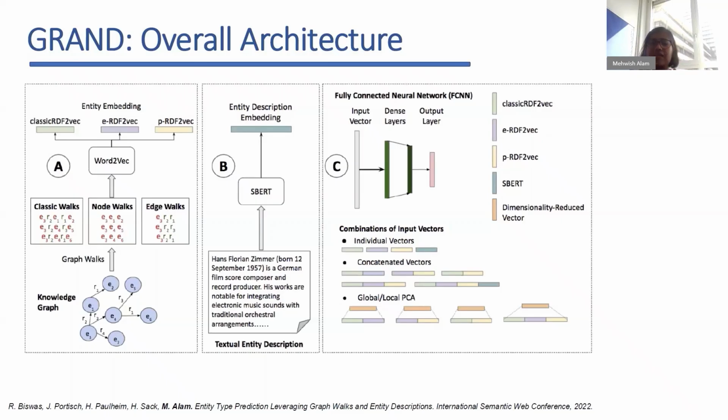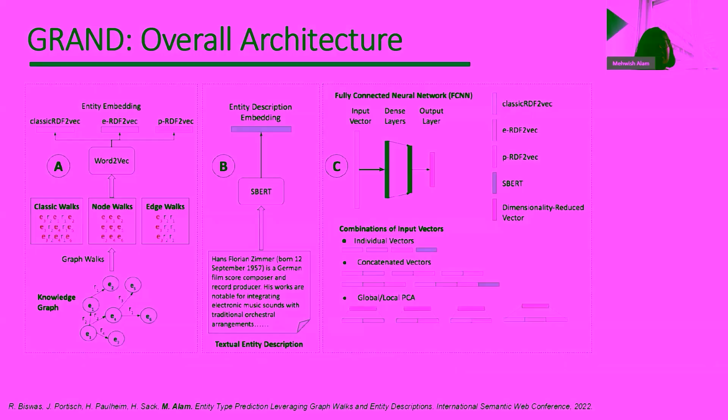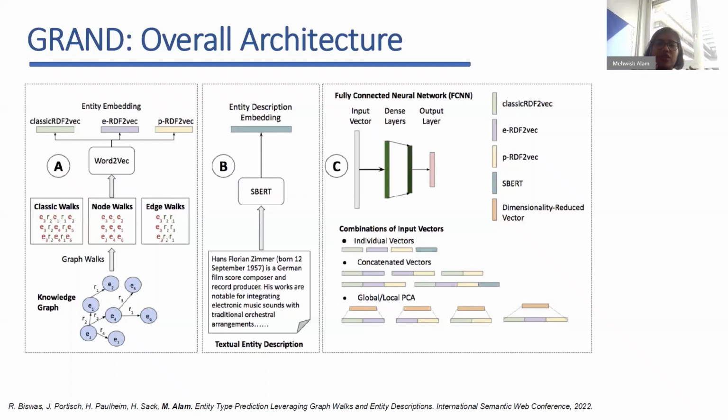One was based on the dataset that we had, and the global PCA was based on the whole knowledge graph that was there. So we did this kind of dimensionality reduction and saw which one performs better. Of course, local PCA was performing better in combination with these techniques that we used for the walks and the description in question.